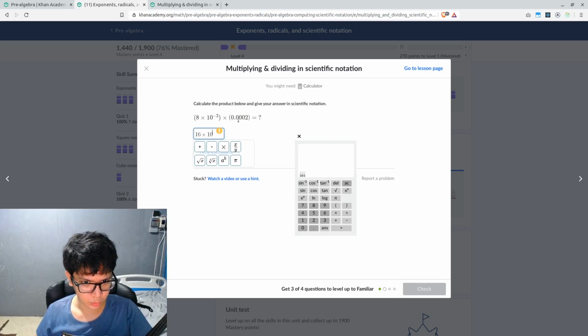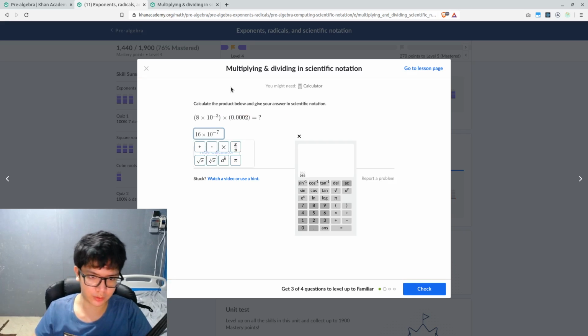What's this? 1, 2, 3, minus 4, then raised to 4, and then 7.